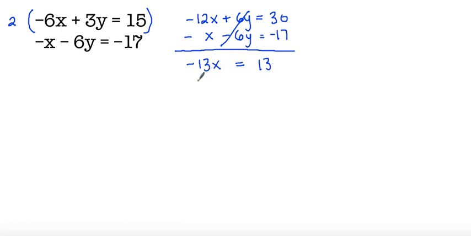So if I want to solve for x, I'd have to divide both sides by negative 13. And so x is equal to negative 1. And now, since I know that they do intersect where x is equal to negative 1, I have to go back and substitute these two equations for negative 1 wherever I see an x. So I'm going to rewrite those two equations.